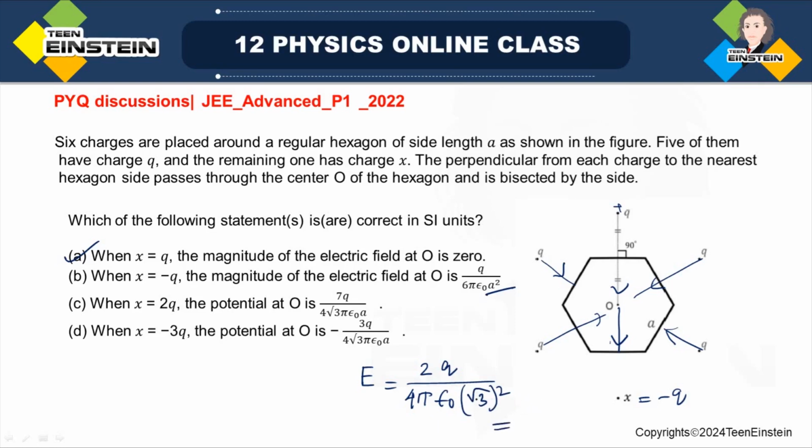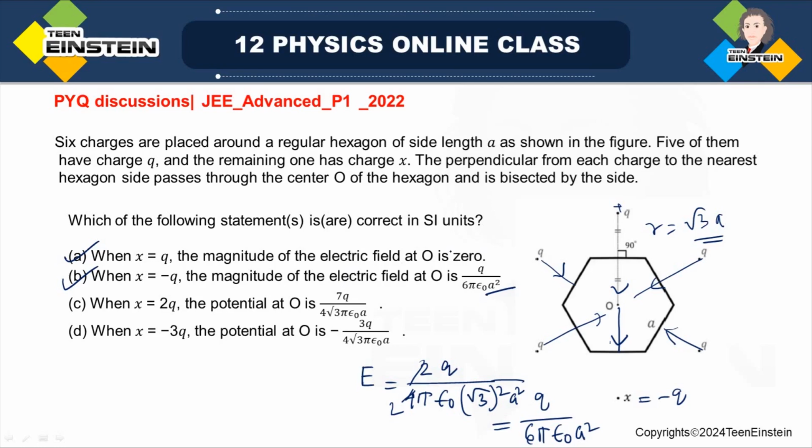That means this will be 3, so we'll get 2q, and this 2 I can strike with this, so I'll get ultimately q by 6 pi epsilon naught, and there will be a square also, root 3a. This r we have written root 3a, right? So the second option is also correct.